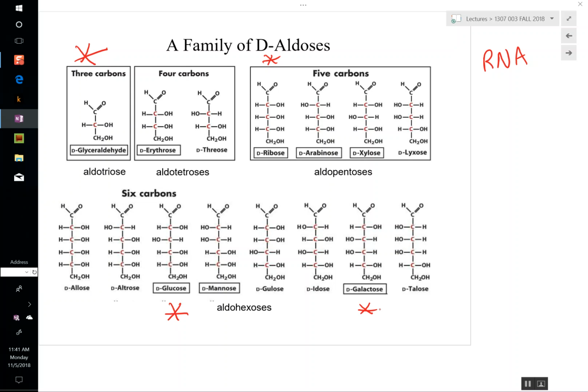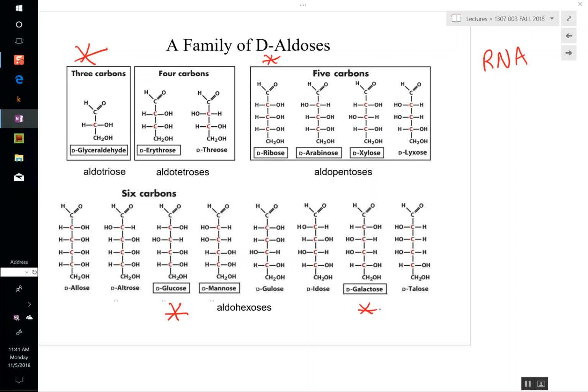Galactose. This is the monosaccharide in milk. Glucose and galactose are in milk. So lactose is made up of these 2 monosaccharides. And so glucose is right, left, right. What is galactose? Right, left, right.